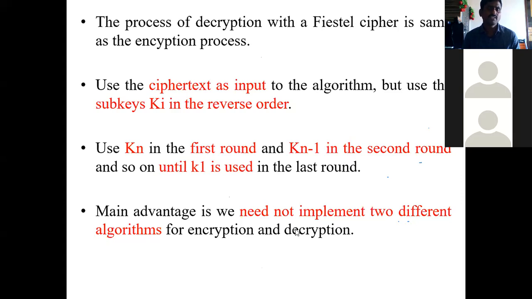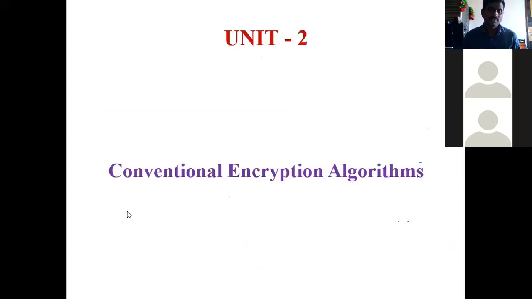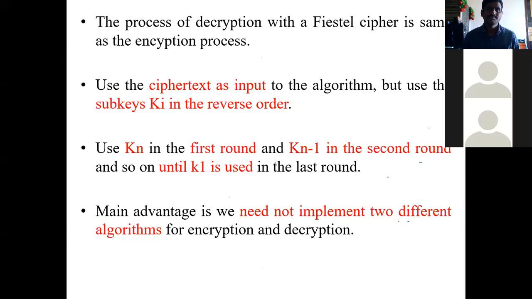So what is the advantage? As I just told you, we need not implement two different algorithms. One algorithm is enough, both to convert the plain text into ciphertext and to convert the ciphertext into plain text. We are using the same algorithm, which is called a symmetric approach, right? So this is the Feistel cipher structure.